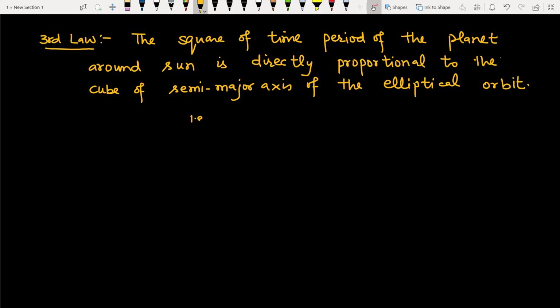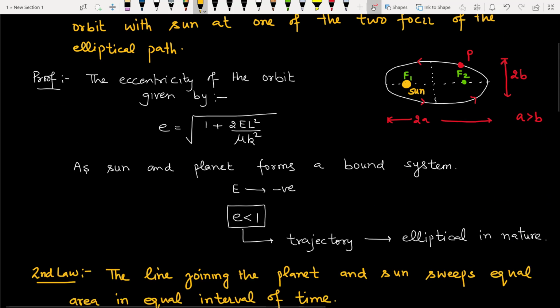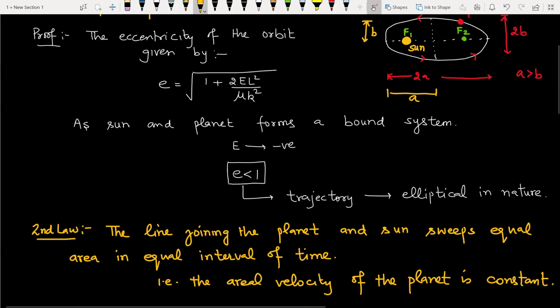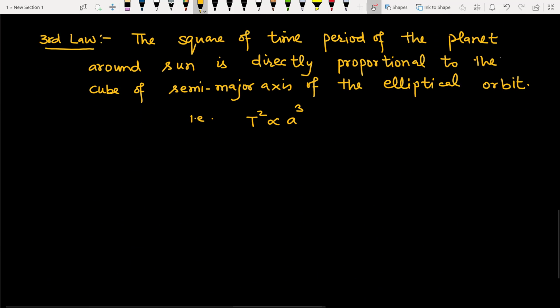That is, the square of the time period is directly proportional to the cube of the semi-major axis. Because the major axis we represented by 2a, semi, half of that, will be equal to a. Semi-minor axis b, semi-major axis a.